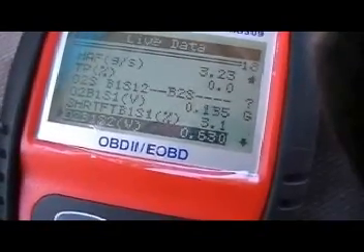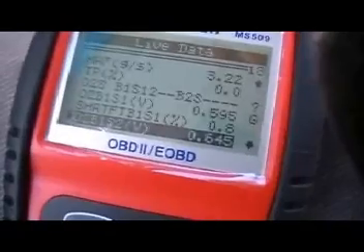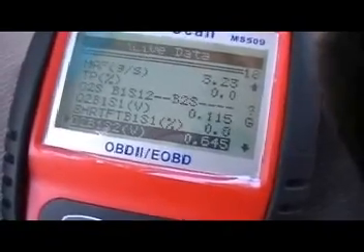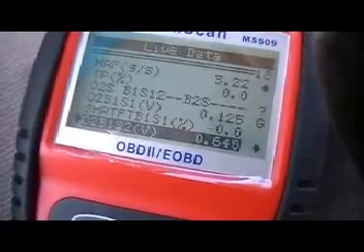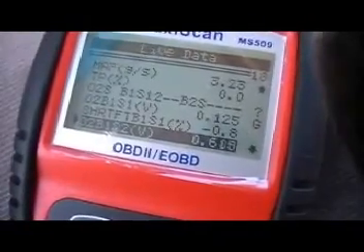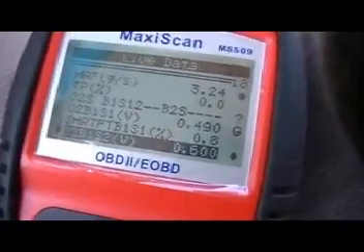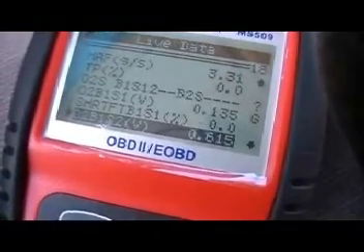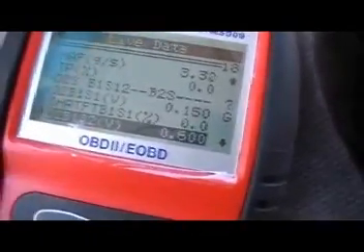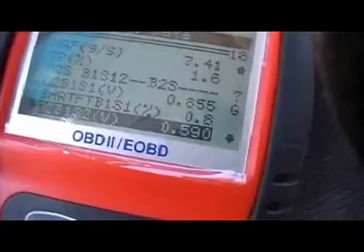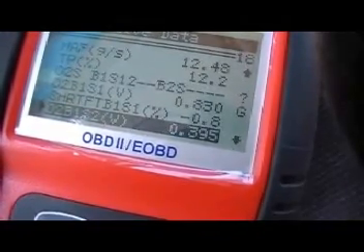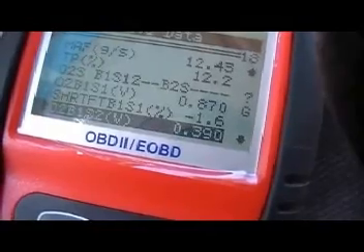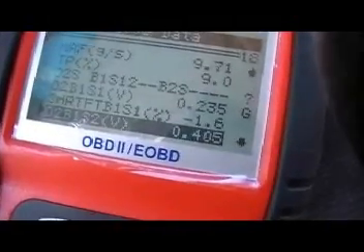Here I'm getting about 645, which is still about normal, but the normal range is actually between 0.4 and 0.7. So I'll rev it up and let's see what will happen with the reading. As you can see here, it's going down to 460, 410, 425, 390, which is about ideal.